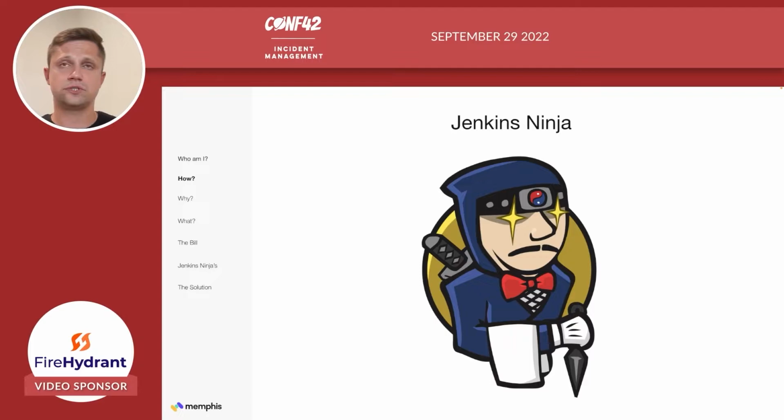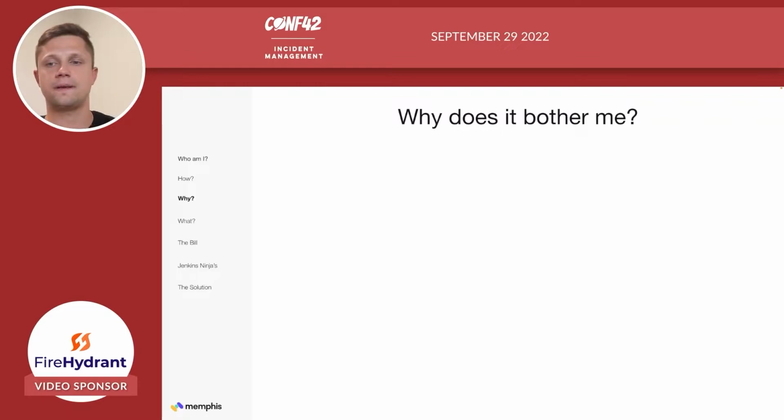But over time, we got to new issues, new obstacles that we needed to solve. And what we found was bothering me as a DevOps engineer in the company, and what I wanted to achieve in the future.